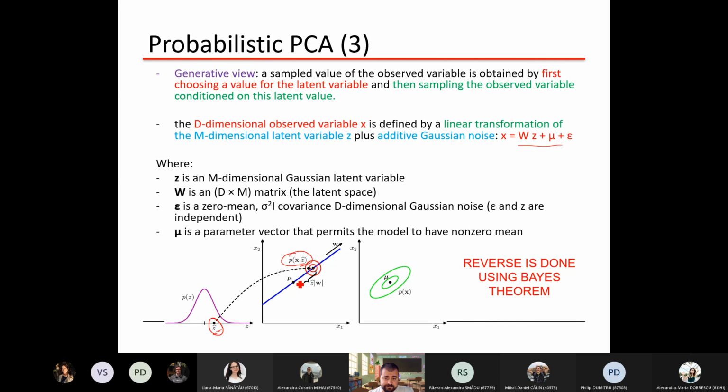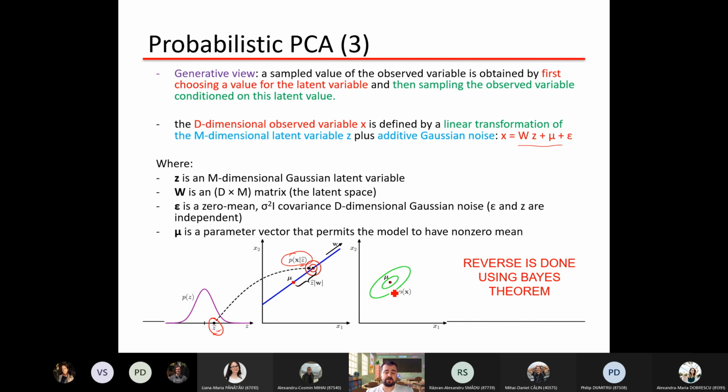So it means that the mean of the original data mu will be the distribution of p of x given z hat minus this value z hat multiplied with W, and this is how we get the original mean of the data mu. And therefore afterwards we will sample from here.